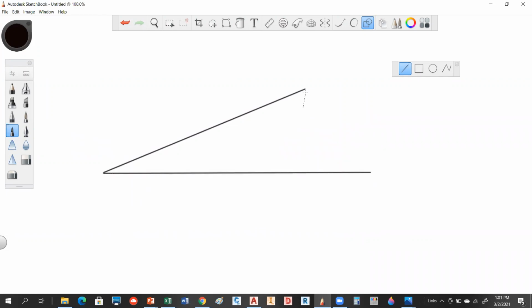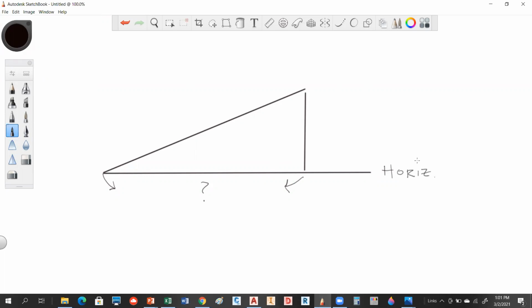So I would have to project this down, like that. So this is the distance I'm after. My horizontal distance. So we're assuming that this is a horizontal plane right here.